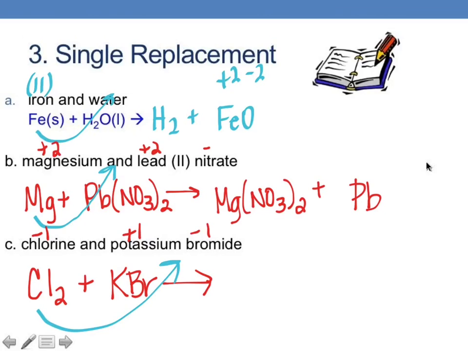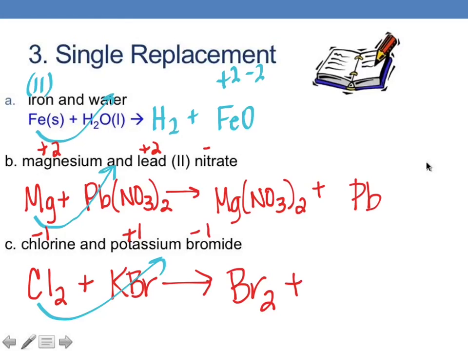The bromine gets kicked out. So bromine is now by itself, Br2, and KCl. And then you come back and balance it. So I need a 2 here and a 2 there.